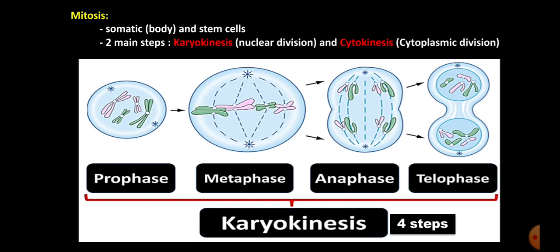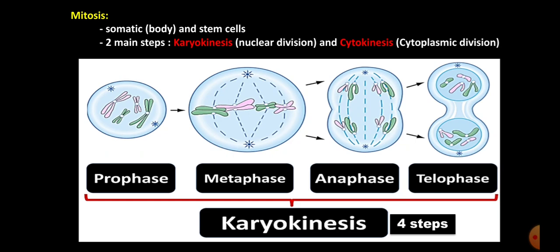Now karyokinesis is divided into four parts: prophase, metaphase, anaphase and telophase. Okay, so mitosis is divided into karyokinesis and cytokinesis. Karyokinesis is further divided into four steps: prophase, metaphase, anaphase and telophase.